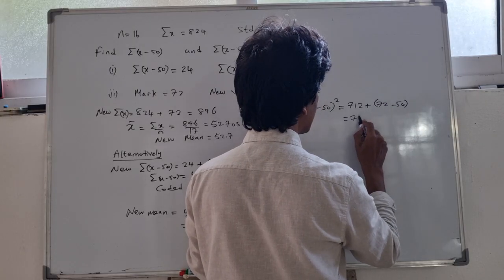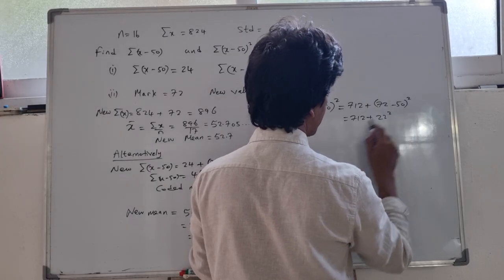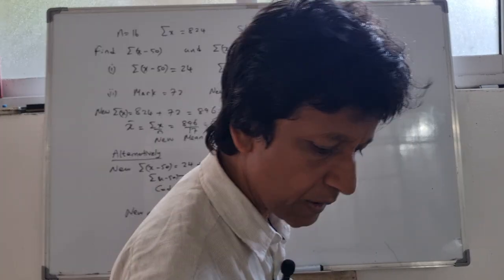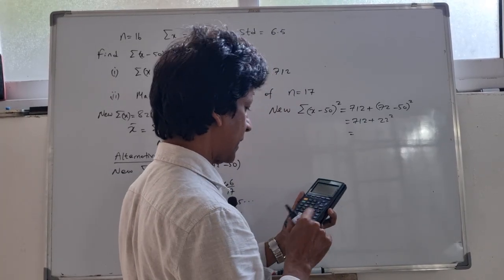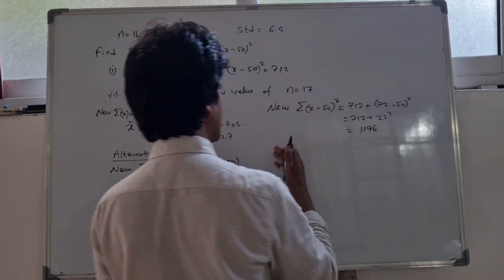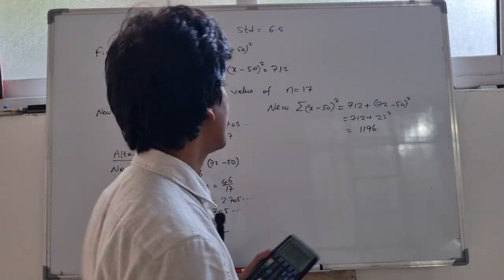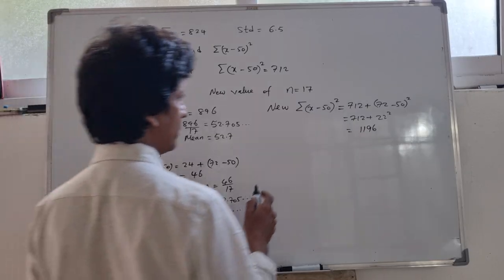So what we have is 712 plus 22 to the square. So let's do this. 712 plus 22 to the square, and I end up with 1196. So now I've got my new sum of x minus 50 to the square. So we can actually calculate the standard deviation.